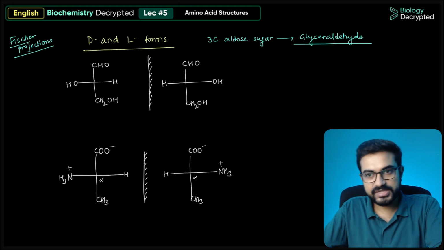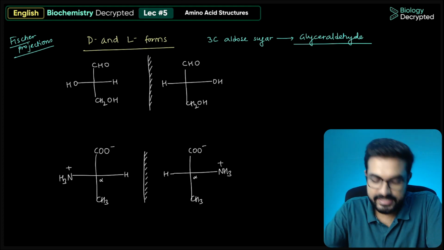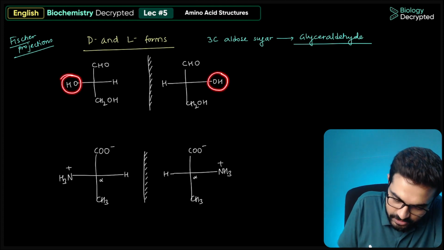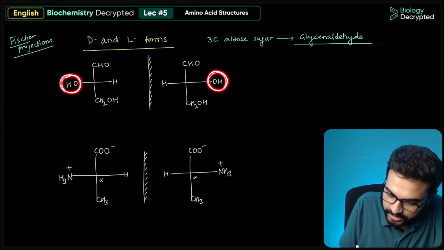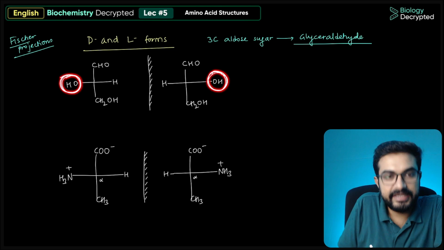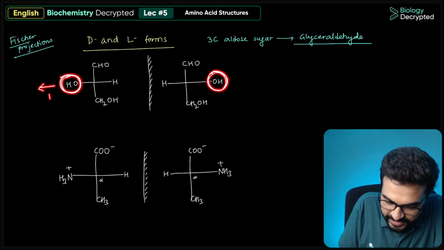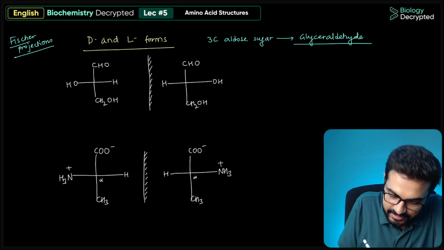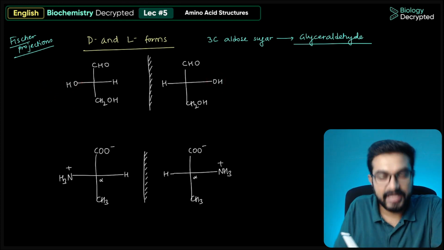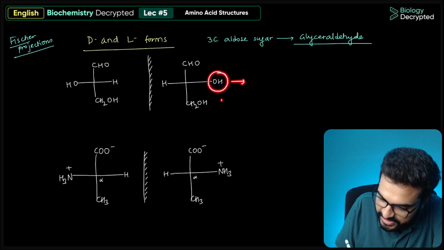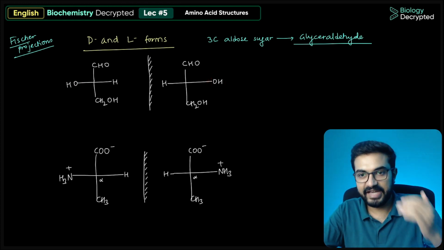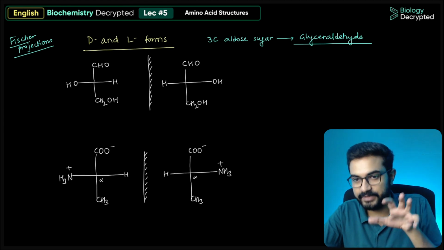Now, what was arbitrarily assigned is based on the position of this OH group. If this OH is present towards the left, then this will be the L form. And if OH is present towards the right, this will be denoted as capital D. And since then, this notion has been followed.